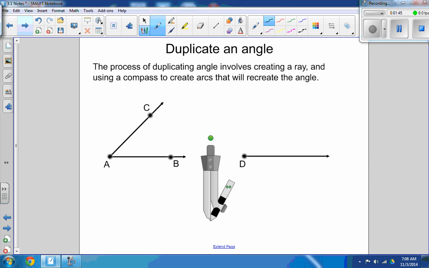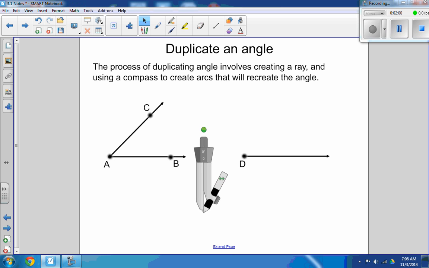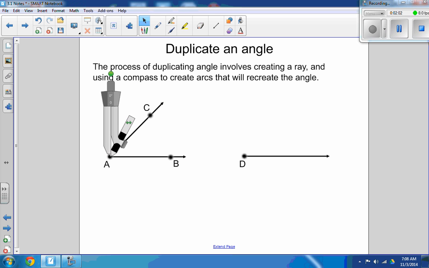We can also duplicate an angle in a very similar fashion. So what we have is a ray, D here, and I'm going to recreate this angle CAB. So I'm going to use my compass. I'm going to start with the point of rotation on A, and I'm going to make an arc.